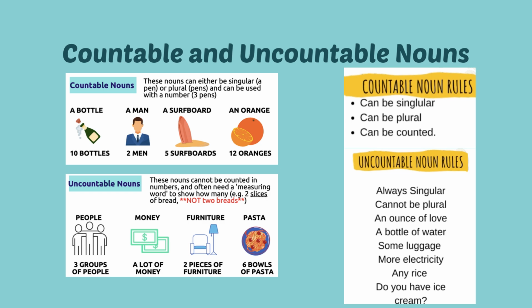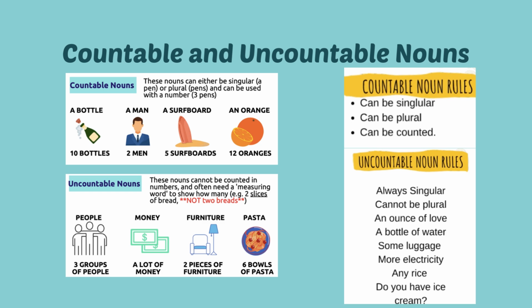Furniture. It is incorrect to say, I have furnitures. What you need to say is, I have 2 pieces of furniture, because furniture is not countable. Pasta. You cannot ask for 5 pastas, but you can ask for 6 bowls of pasta or 5 bowls of pasta.